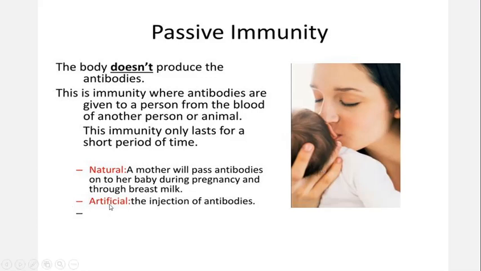We also have artificial passive immunity by injection of antibodies. Antibodies produced in laboratories are injected into a person, who can then get immunity against the specific infectious agents.